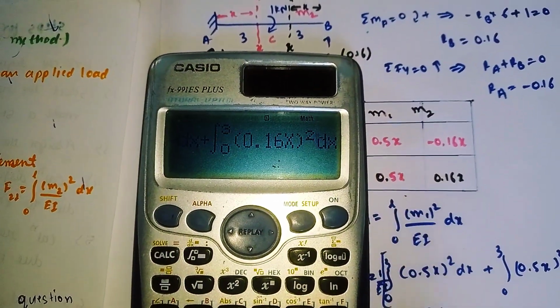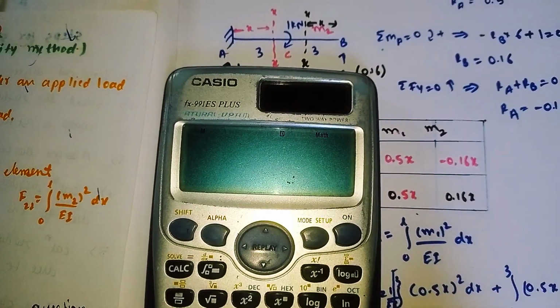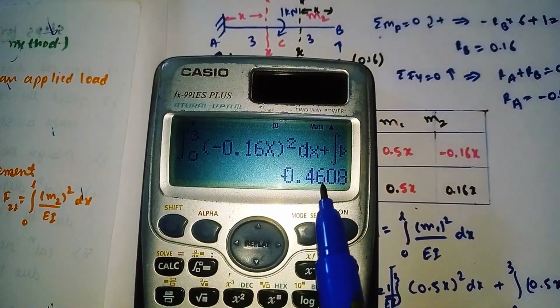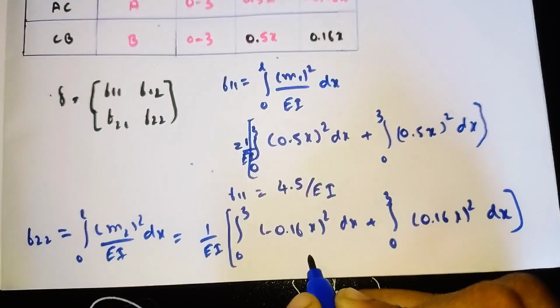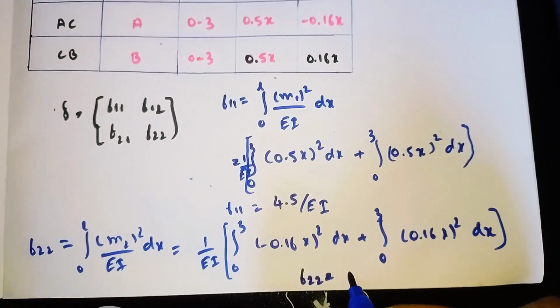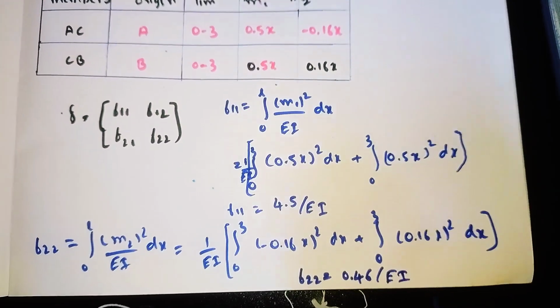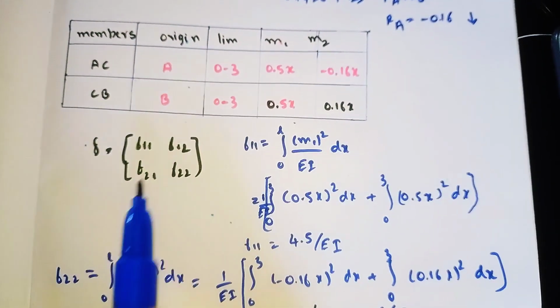So now solve it. It will come out as 0.46. So our F22 value is 0.46 divided by EI. Similarly we will calculate F21 and F12.